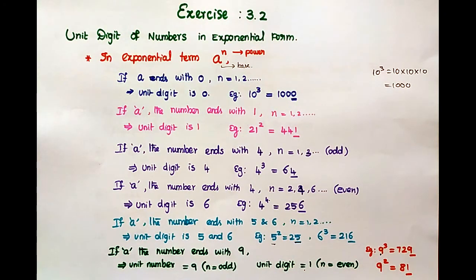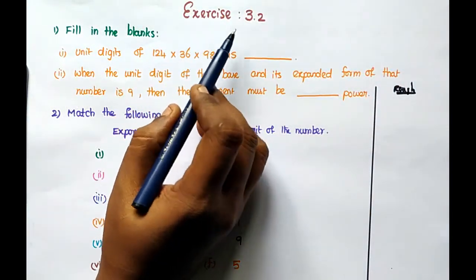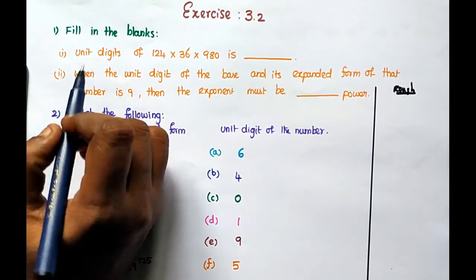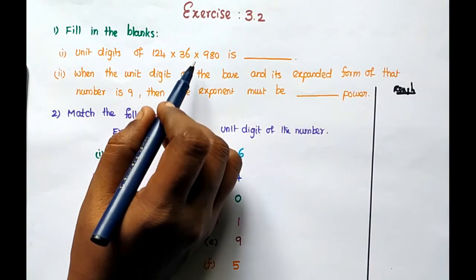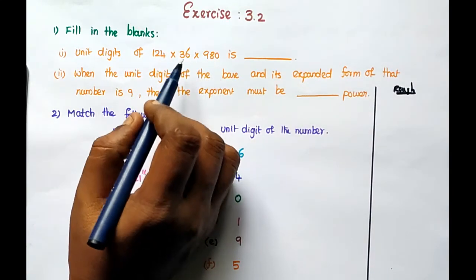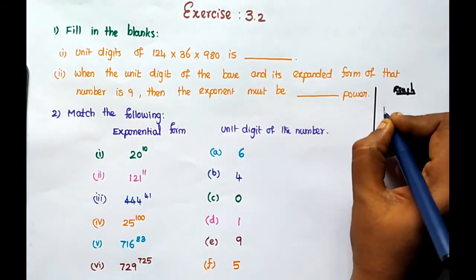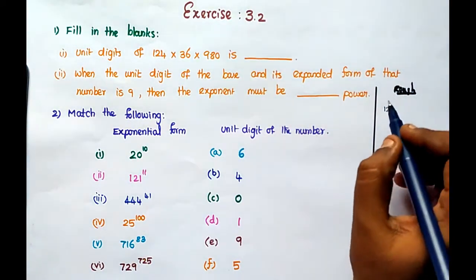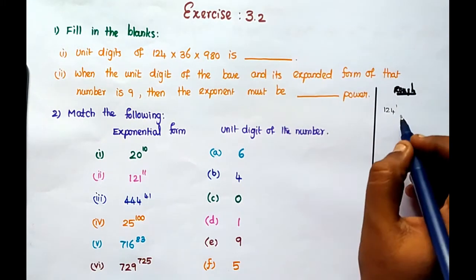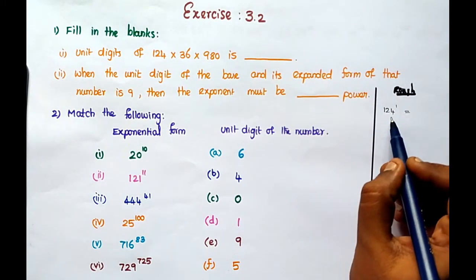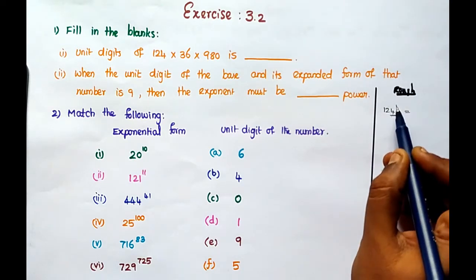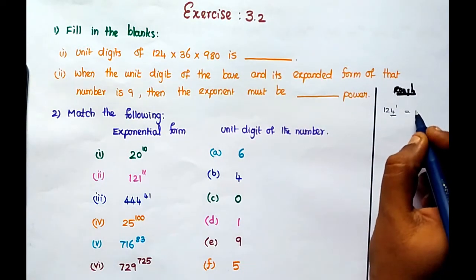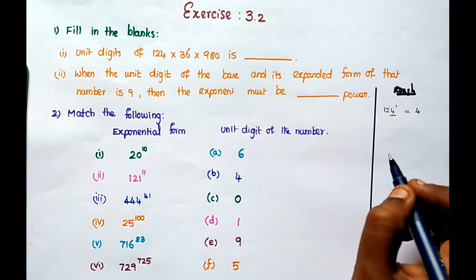Let us see the exercise sums. In exercise 3.2, first question, fill in the blanks. Unit digits of 124 into 36 into 980. Listen, 124, here nothing is written, means power 1. The base ends with 4, power is odd, so we get the unit digit of the result as 4 only.